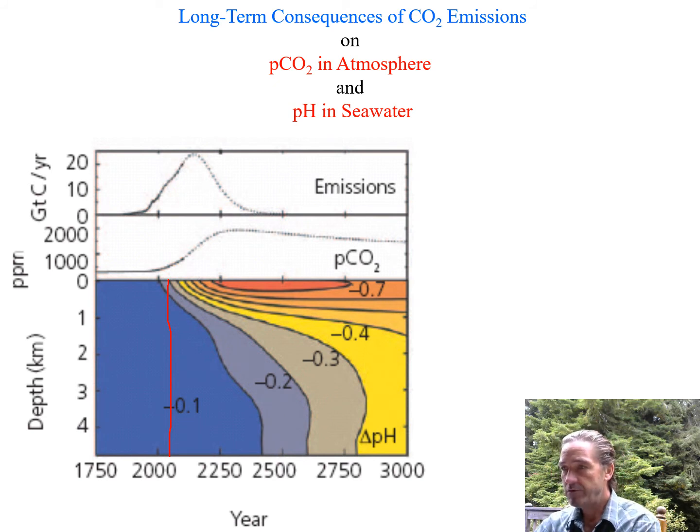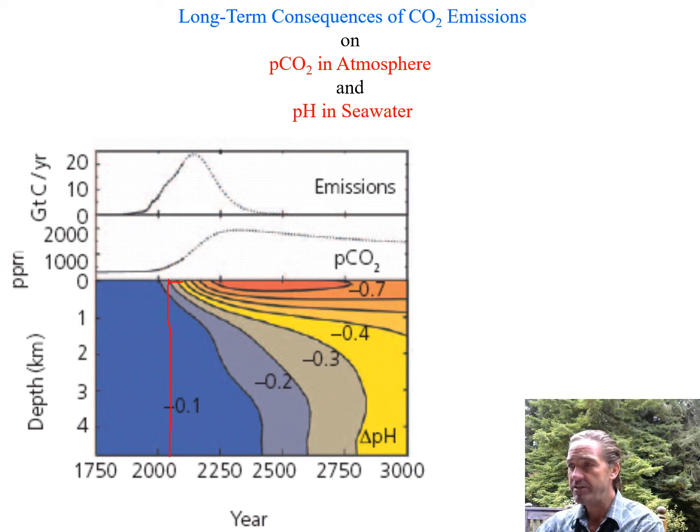But over the next 100 years, we're most likely going to see a change of 0.4 pH units, which will be disastrous for the biota in the ocean. Anything with a calcium carbonate shell, such as corals and shellfish, will definitely suffer.